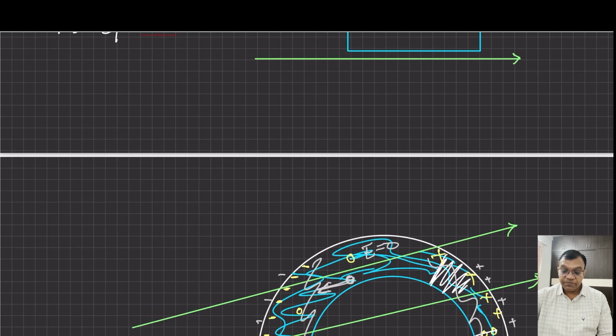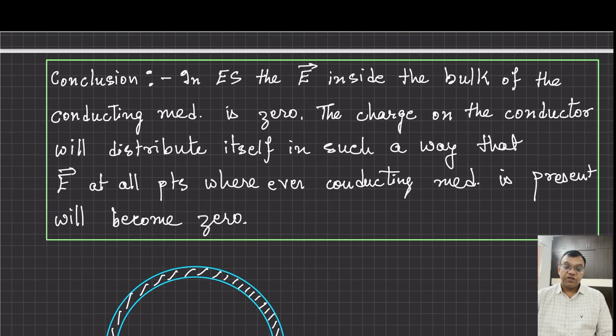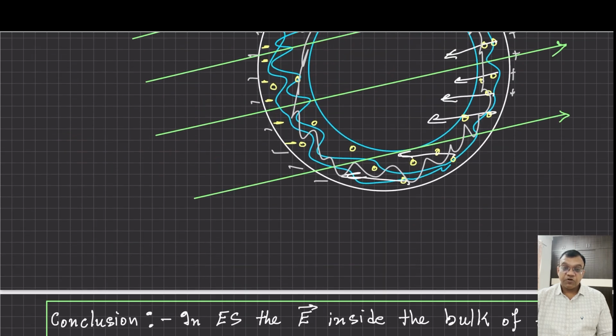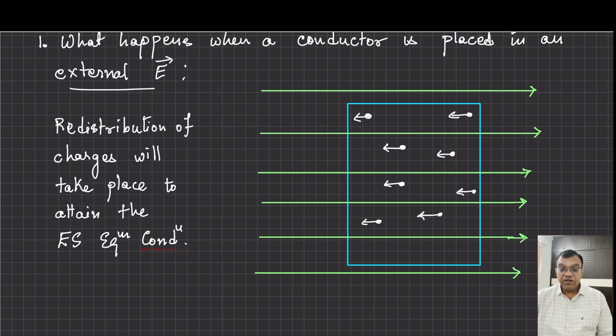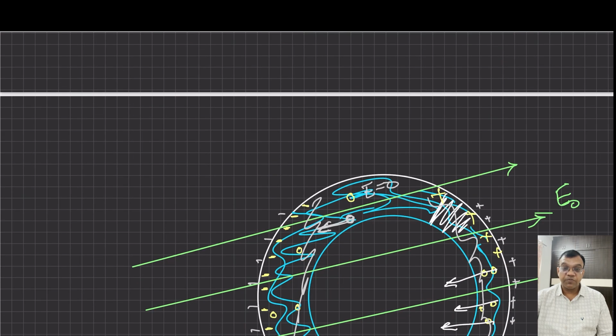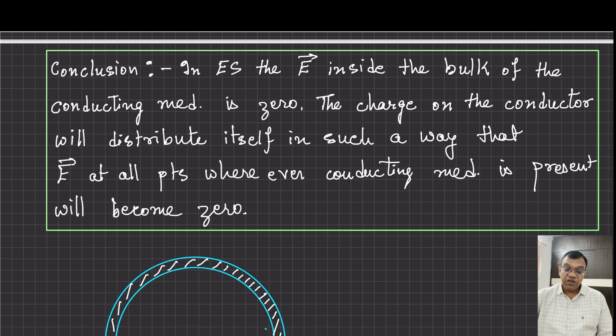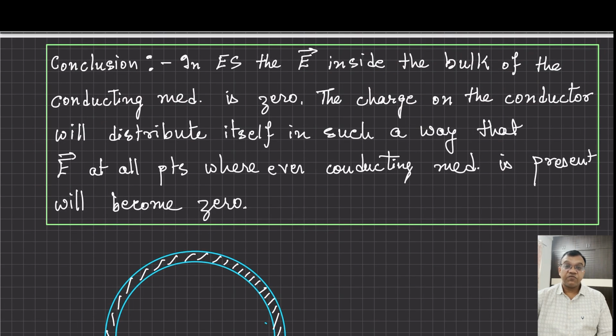Next point you see, and this also I have already told you, in electrostatic equilibrium condition the electric field intensity inside the bulk of the conducting medium will become 0.